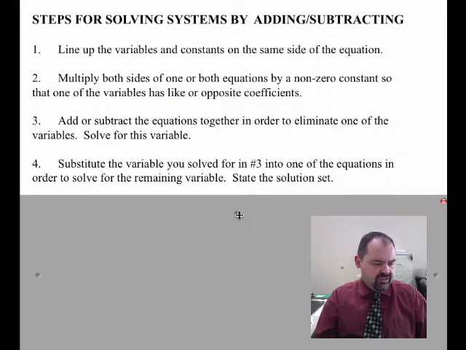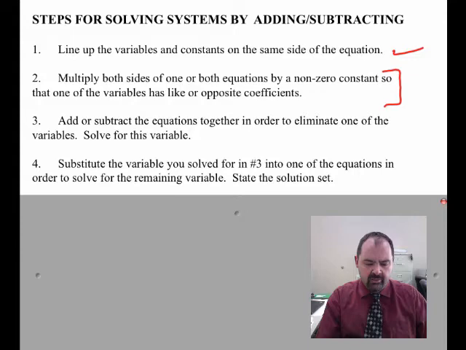And so just to summarize this method of solving systems, the adding and subtracting method, what we need to do is, remember, line up the variables vertically, the x's, the y's, and the constants on the same side of the equal sign. And then you want to look for one of the variables to eliminate. What you need is to achieve the same or opposite coefficients on one of those two variables.